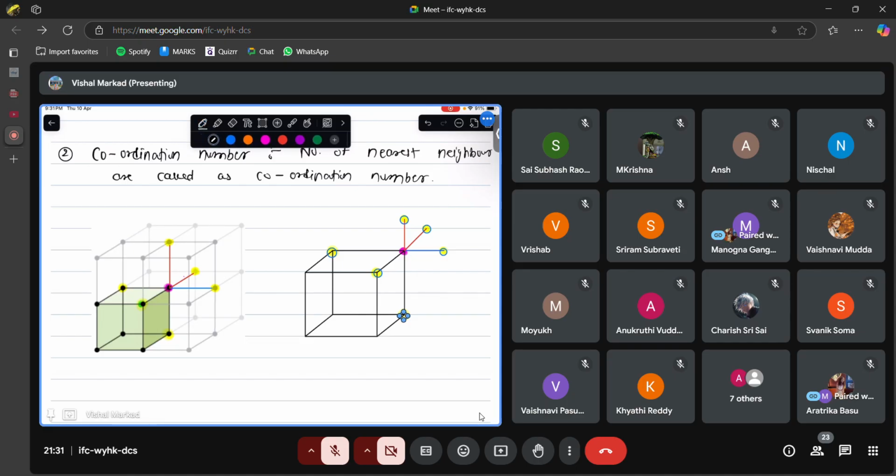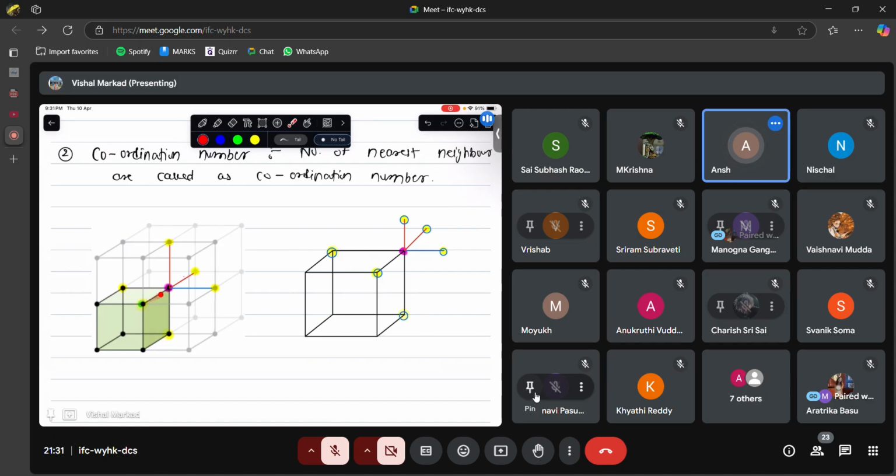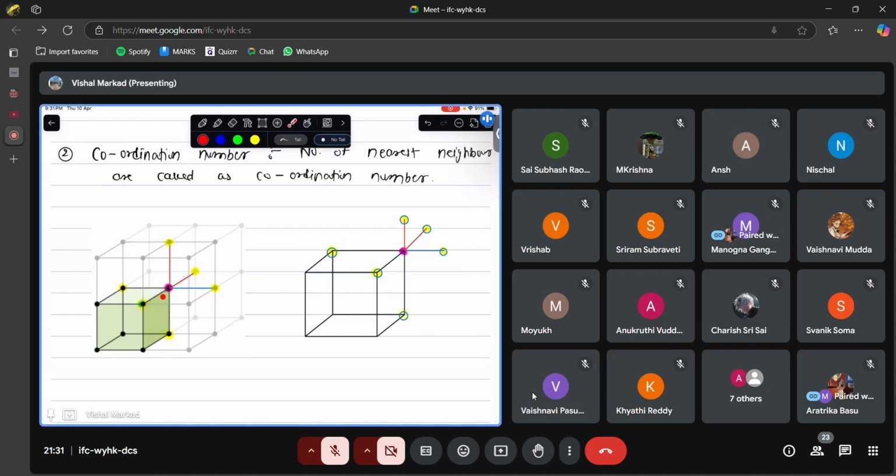Now here, can you tell me what is this distance? What is the distance between this pink one and the yellow one? The edge length. Which one are we studying? Simple cubic, in which all three are the same. So consider a only.